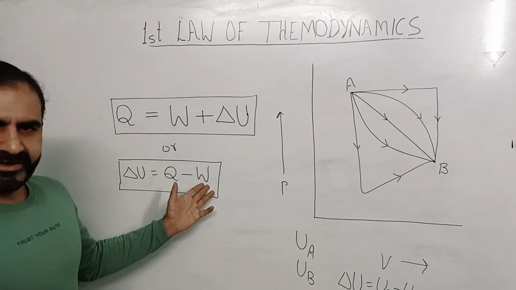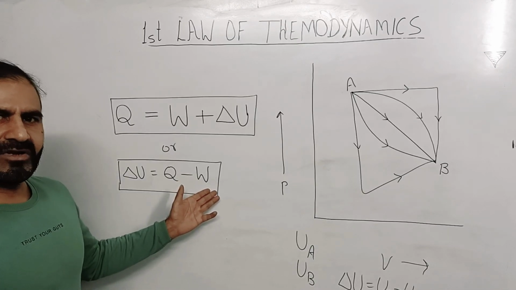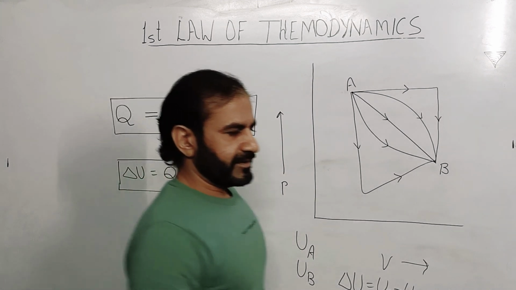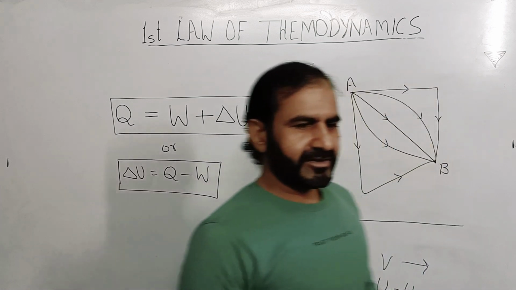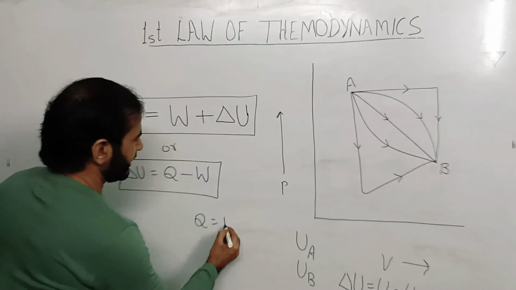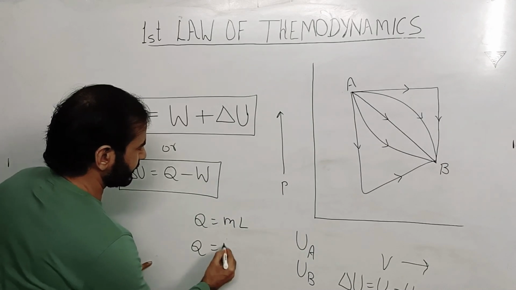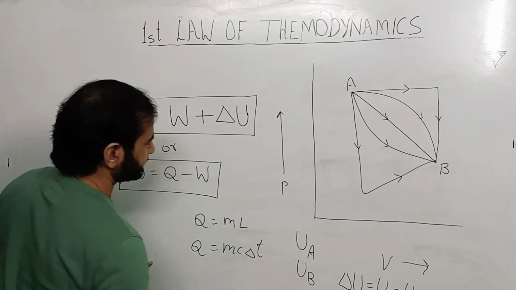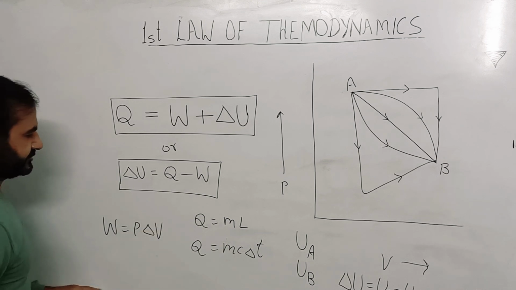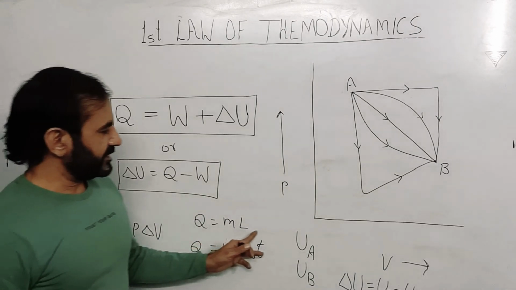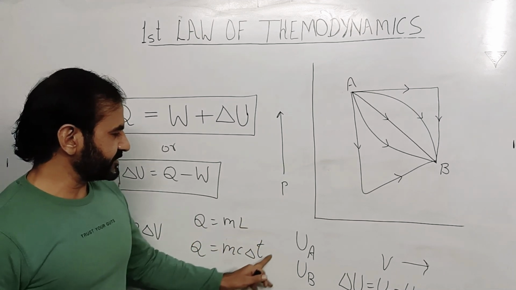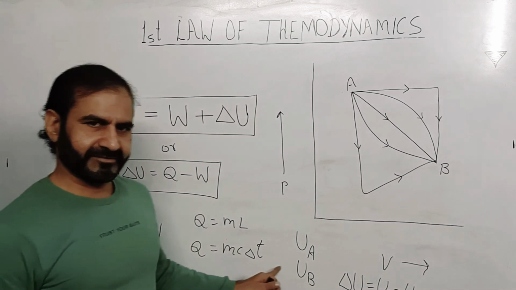W can be positive or negative depending upon work done by the system or work done on the system, and Q can be calculated using the formula Q equals ml or Q equals mc delta T. Work done can be calculated using the formula P into delta V. Q equals ml is used when there is change of state, and Q equals mc delta T is used when there is rise or fall in temperature.